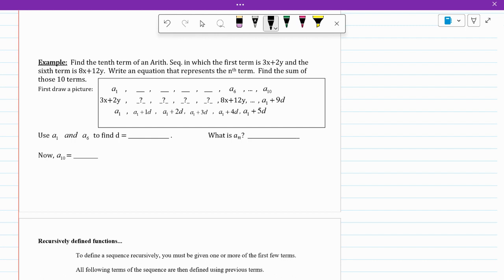So the difference is x plus 2y, because a sub 1 is 3x plus 2y, and a sub 6 is 8x plus 12y.